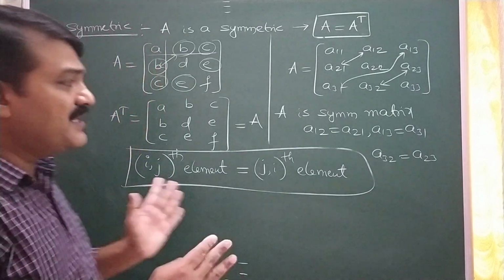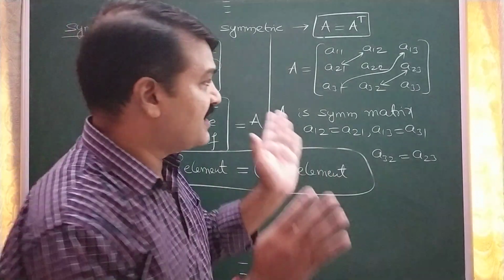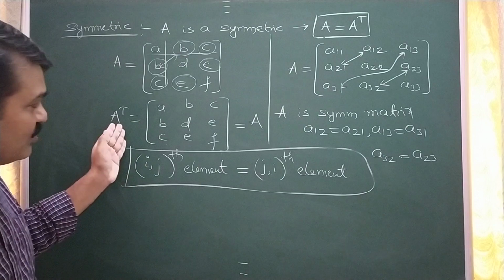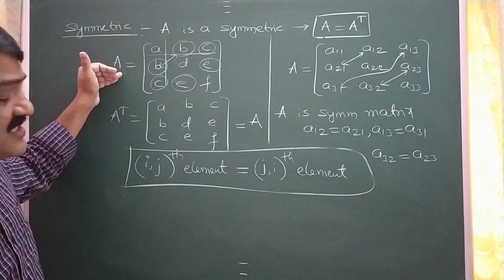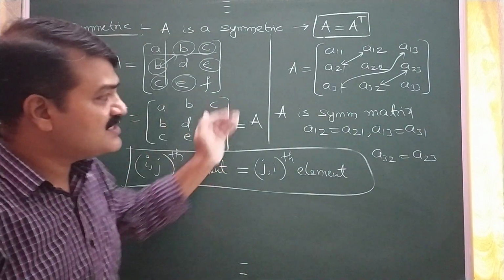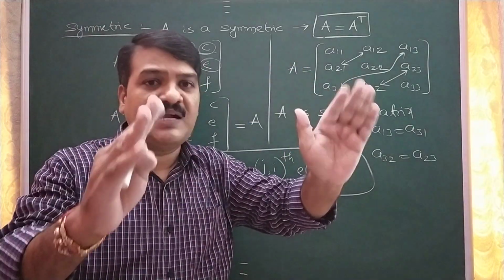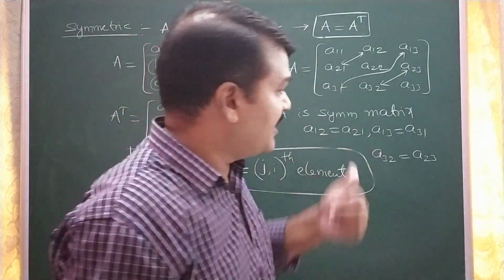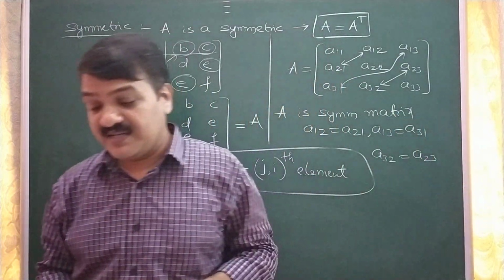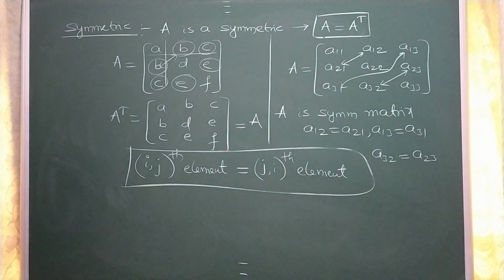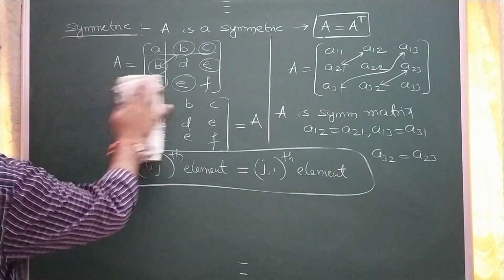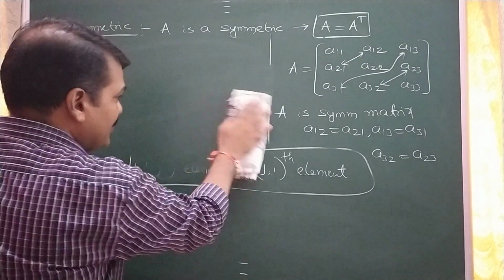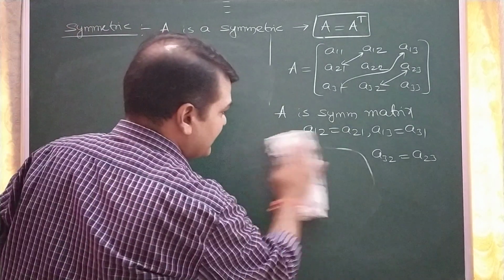So this is the simple way of just observing and writing, instead of doing transpose and checking with the original matrix again. If you observe these simple points by seeing the matrix itself, you can say whether it is a symmetric matrix or not. And some standard matrices which are symmetric, we will see that now.